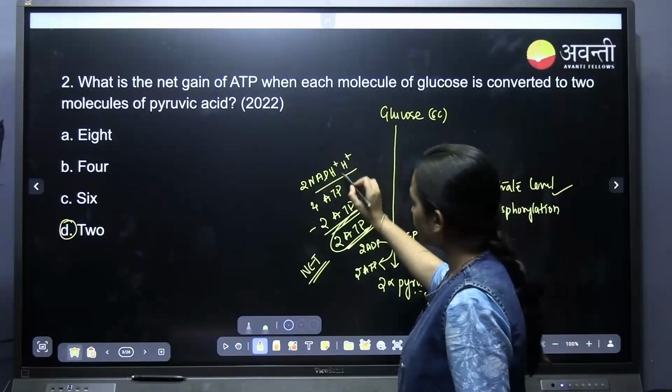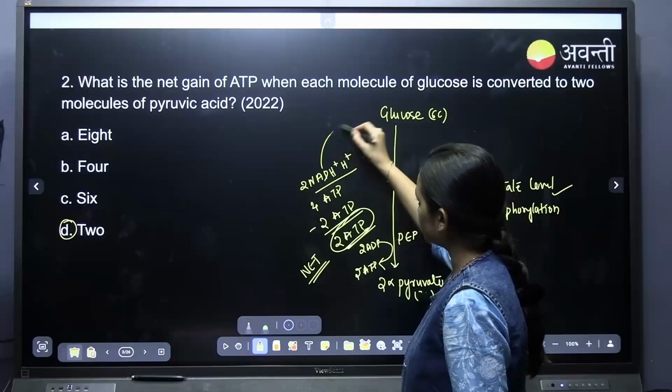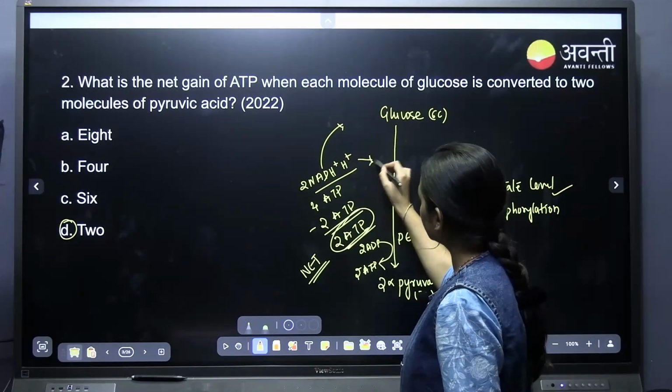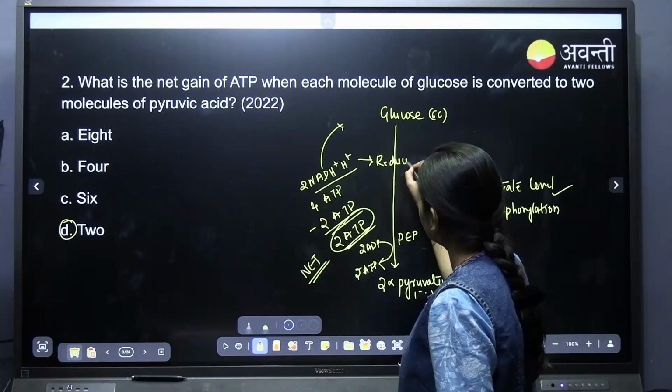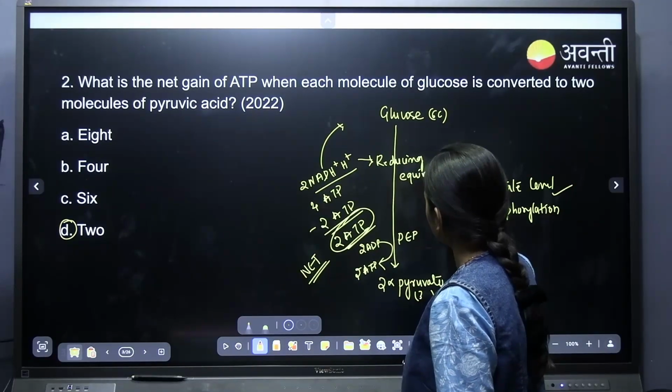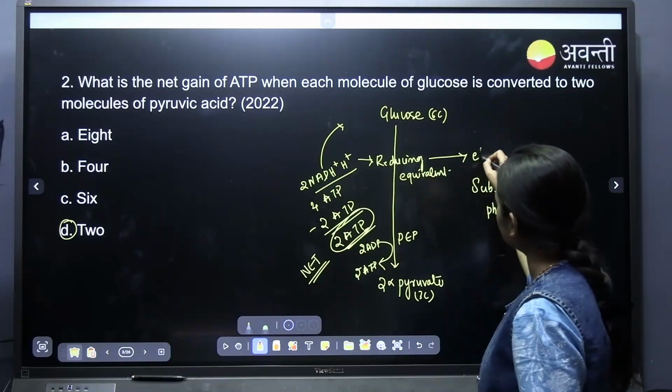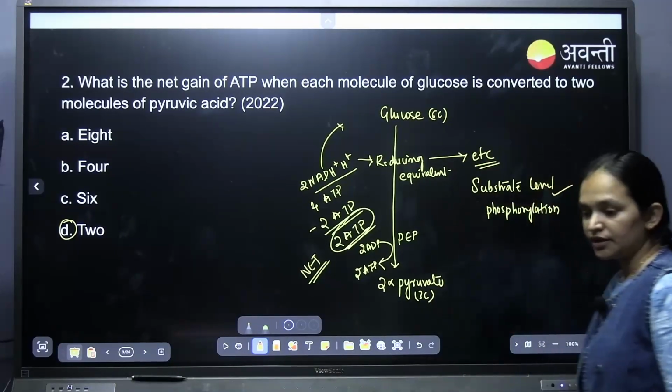This 2 molecule of NADH plus H plus, as this is a reducing equivalent, will enter ETC, isn't it?